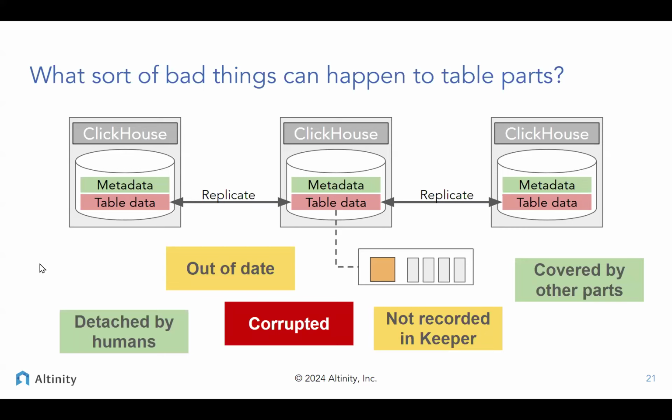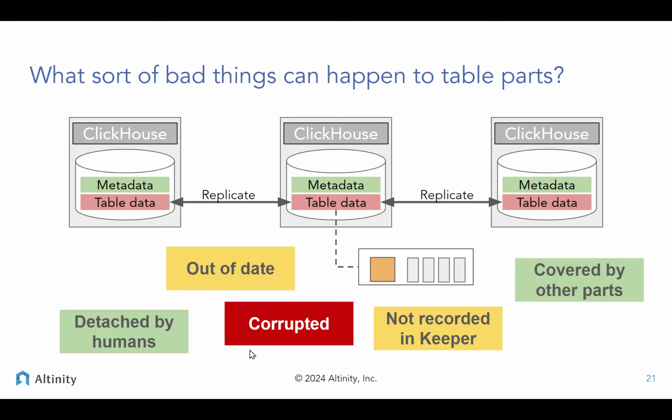When ClickHouse merges parts, it will pick a sequence of parts to merge into a single larger part, and then normally it throws away the old parts when it's done. From time to time this doesn't happen, and you'll get a part which is just lying around. The data is already there, and it's just sitting there detached, so you don't really need it.